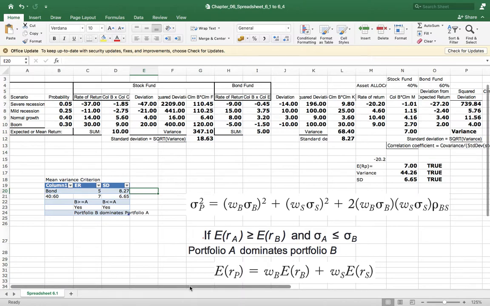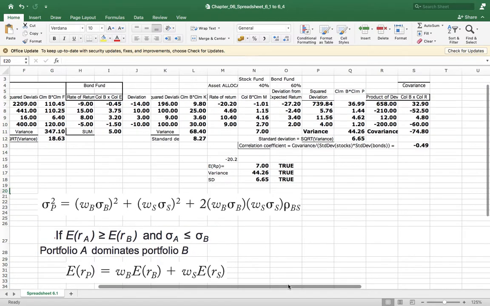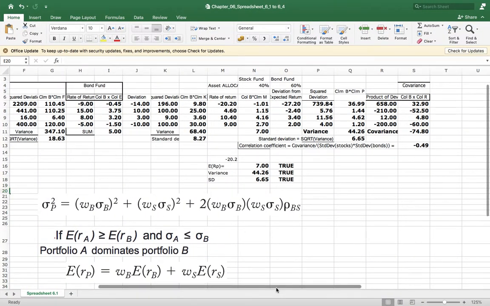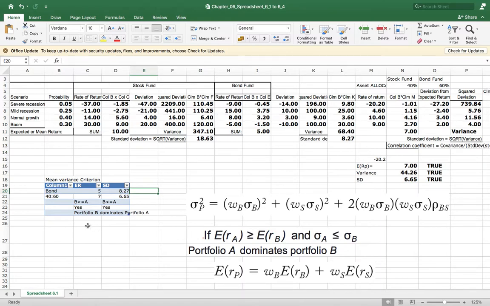And we have seen in this scenario, instead of investing 100% in the bond fund, if you invest 60% in bond and 40% in equity, your standard deviation is much reduced from 8.27 to 6.65, whereas your return is increased from 5 to 7%. Therefore the return is increased by 2%. Why does this portfolio B dominate portfolio A? Because the return is higher by 2%.